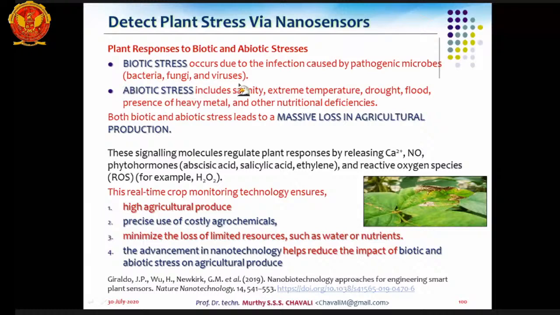Typically, our sensors are based on limiting abiotic stress, but they can also be used for measuring biotic stress, so that high agriculture produce can be achieved, and costly agrochemicals can be used precisely or their use limited. At the same time, advancement of nanotechnology and green chemistry procedures will reduce the loss and increase agriculture production.